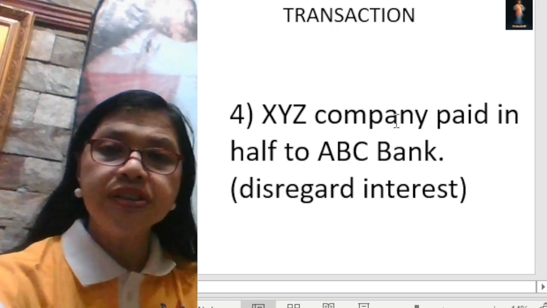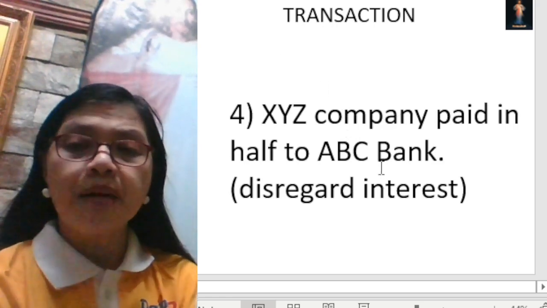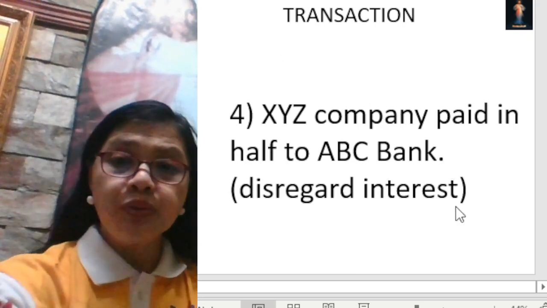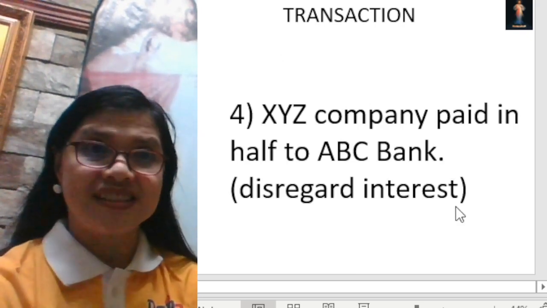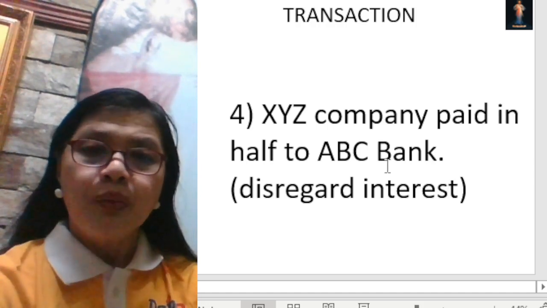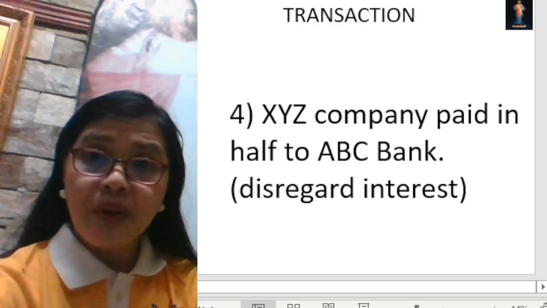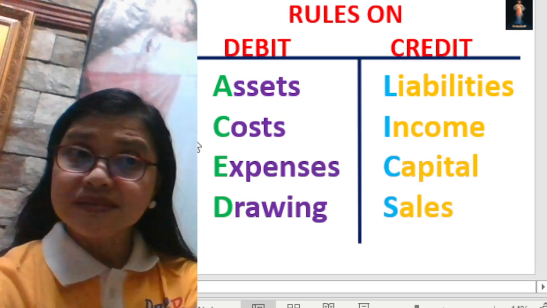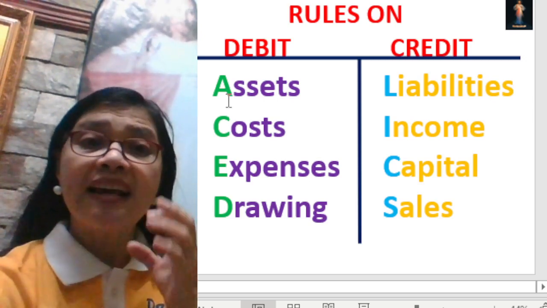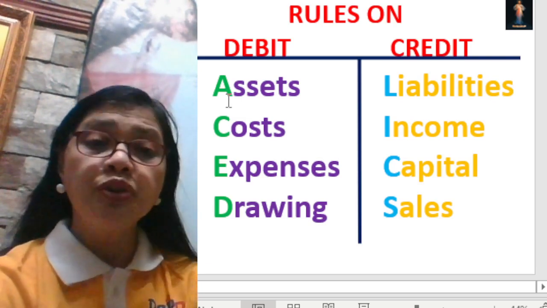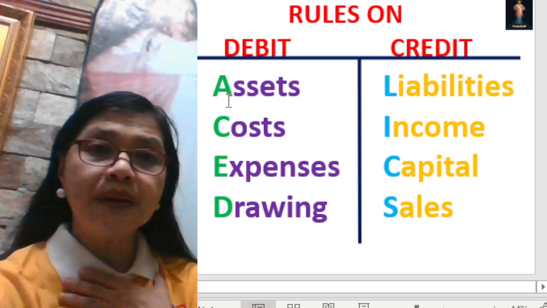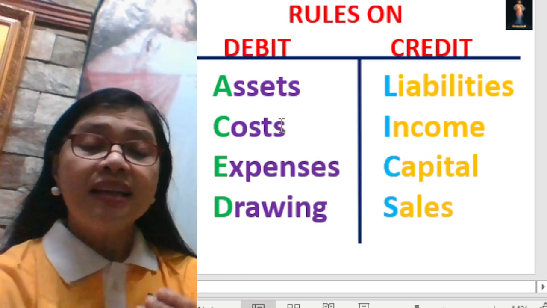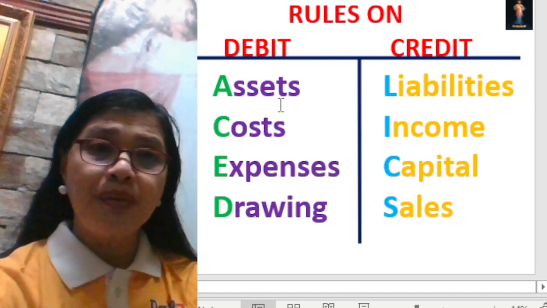Next, number 4 transaction. XYZ Company paid half to ABC Bank. It tells here that we will first disregard the interest. Okay? So, what are the accounts involved when you pay to the bank? Okay, cash. When you pay to the bank, the XYZ company will disburse cash. And then what is the effect of your payment to ABC Bank?